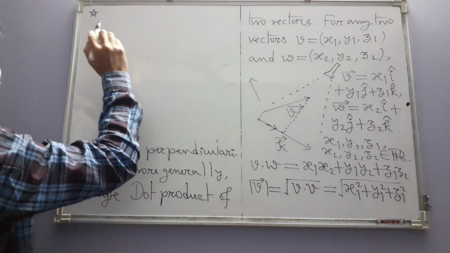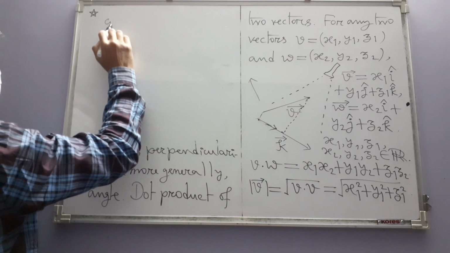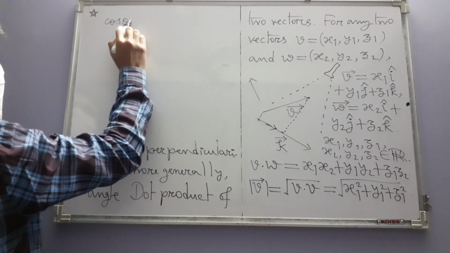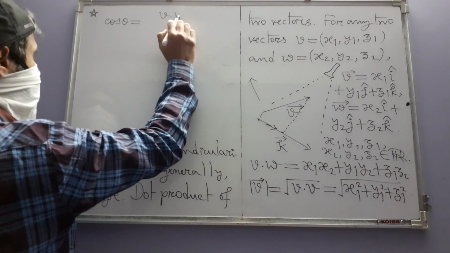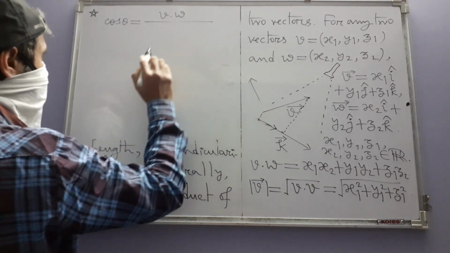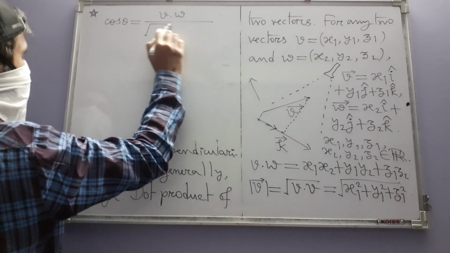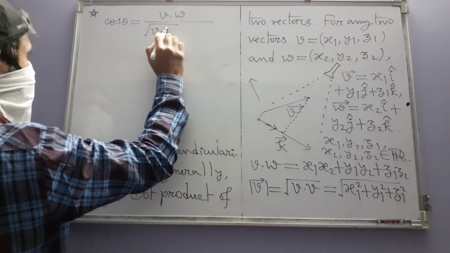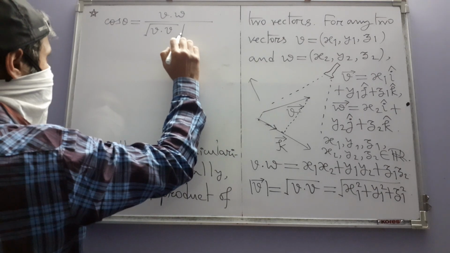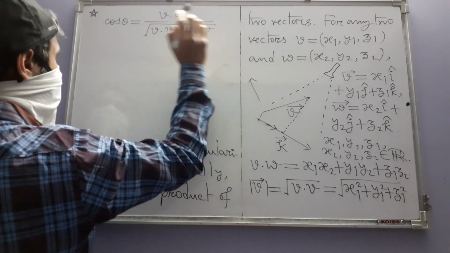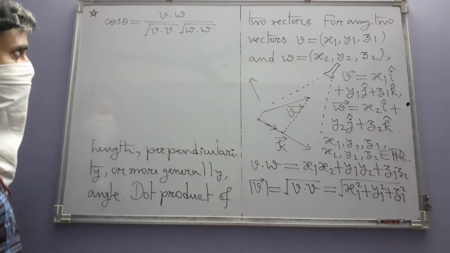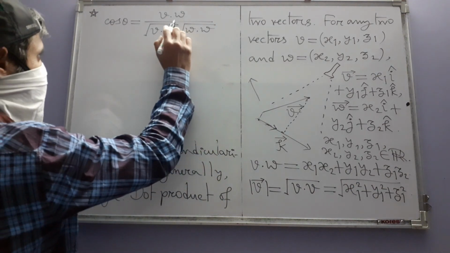If theta is the angle between them, then cos theta is v dot w divided by the square root of the dot product of v with itself times the square root of the dot product of w with itself. And this also you know why.